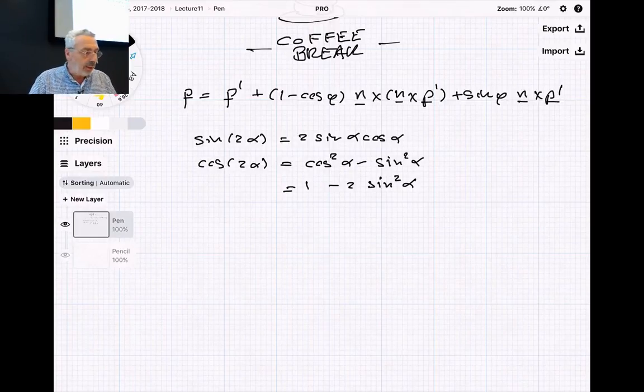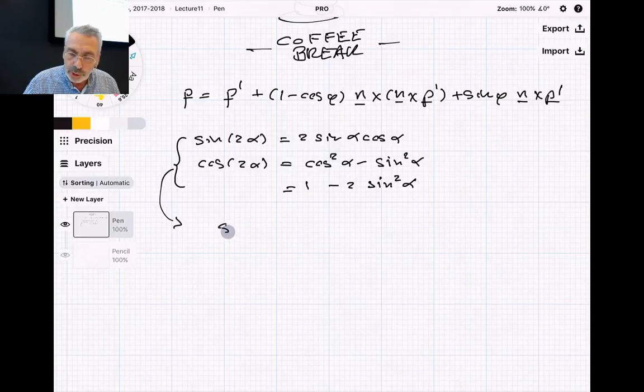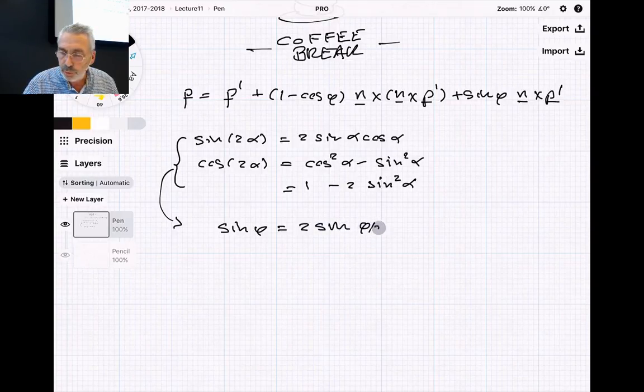Now, I have a sine phi here and I have a 1 minus cosine phi, and I want to make those products of angles. So, for my sine phi, I'm now going to write 2 times the sine phi over 2 cosine phi over 2, just using this one.